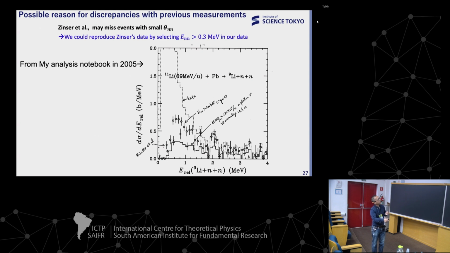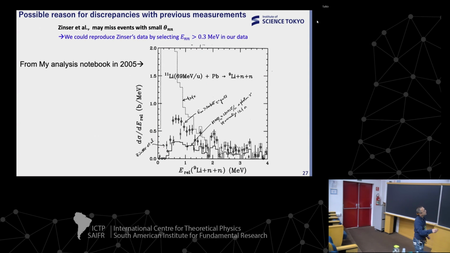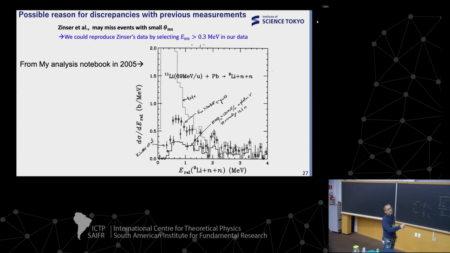Then this curve becomes like this. Also the energy is different. We used 69 MeV per nucleon, and they used 280 MeV per nucleon. So we needed to calibrate for this photon spectrum. We evaluated that, and this becomes this histogram here. And this cross points are Zinza et al., GSI. So you see, now we are consistent with each other.